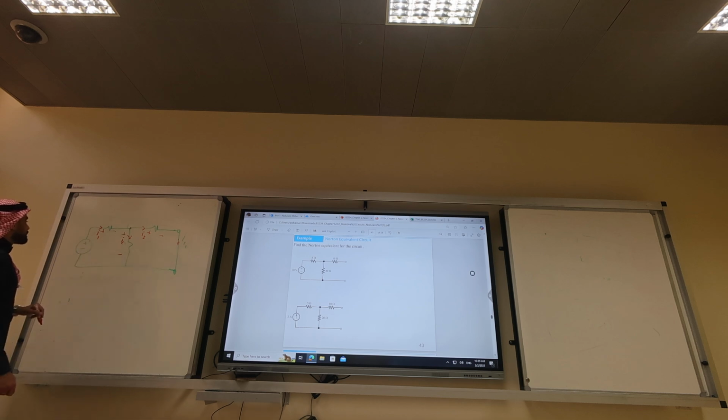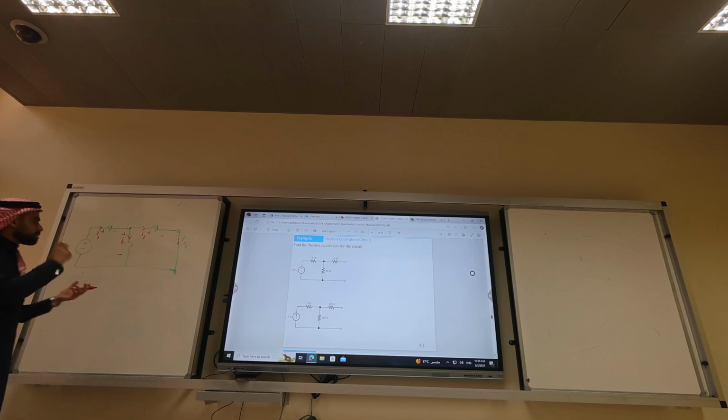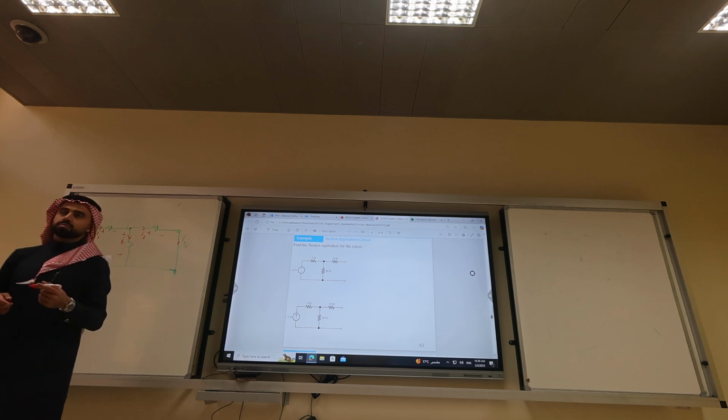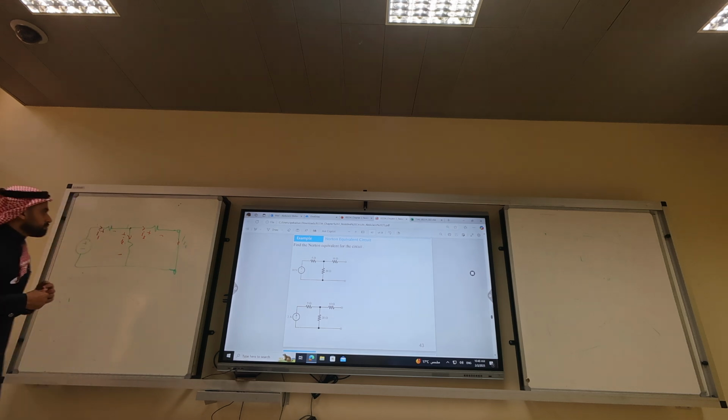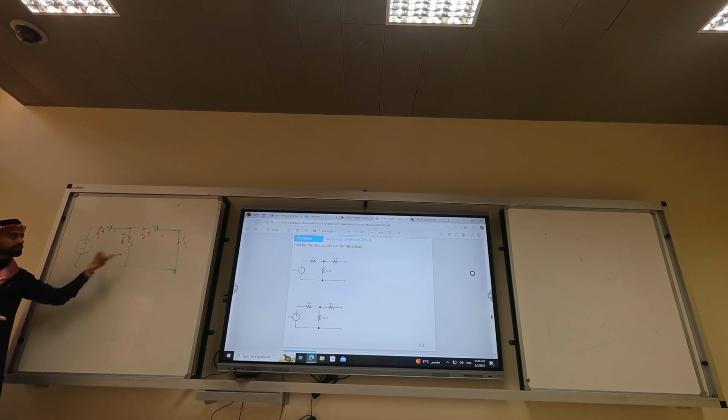So how to calculate I3? You can use nodal voltage, and that's one method. You can use mesh. Our goal is to find this current.